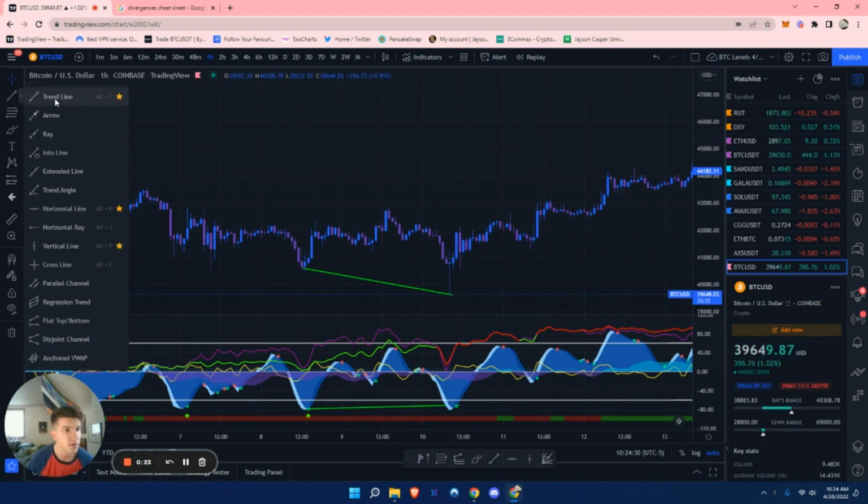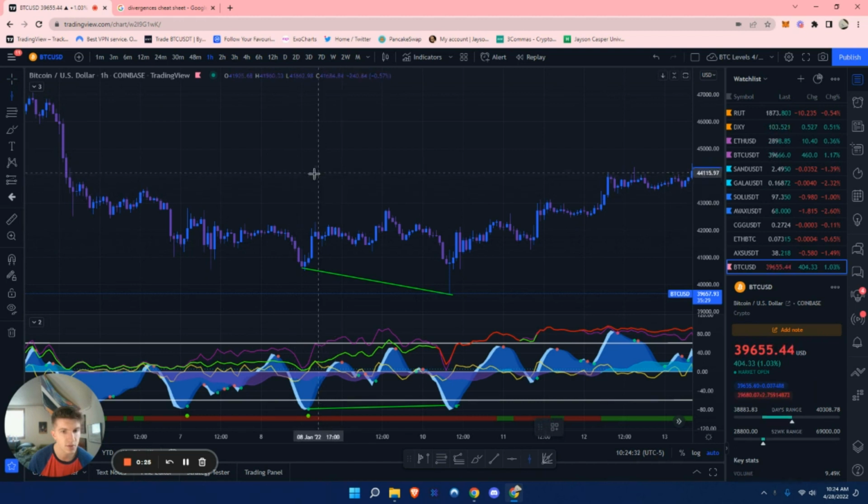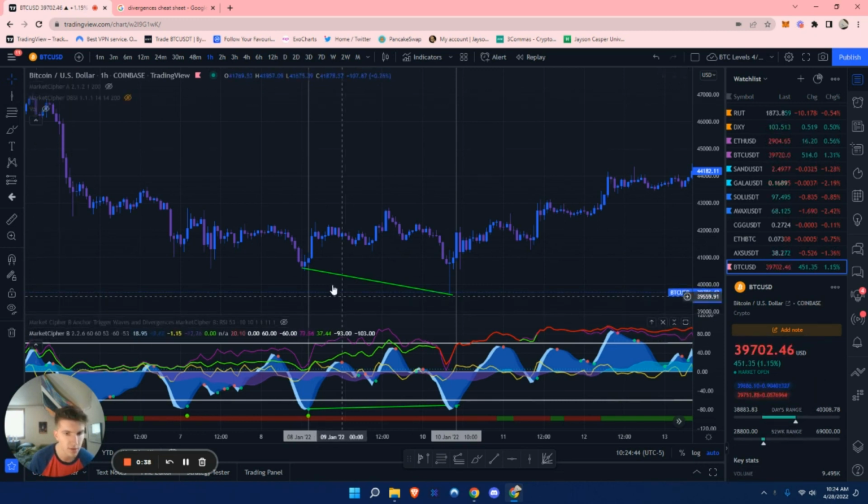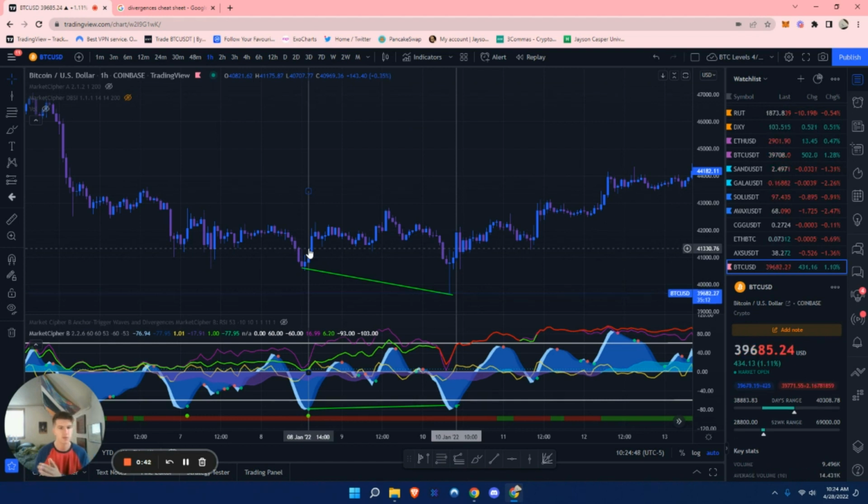Next thing you can look for, again, I like to put vertical lines over each of the point A to point B of the divergence. And then I like to, again, go to the drop down and look over the money flow of point A to point B of the divergence.